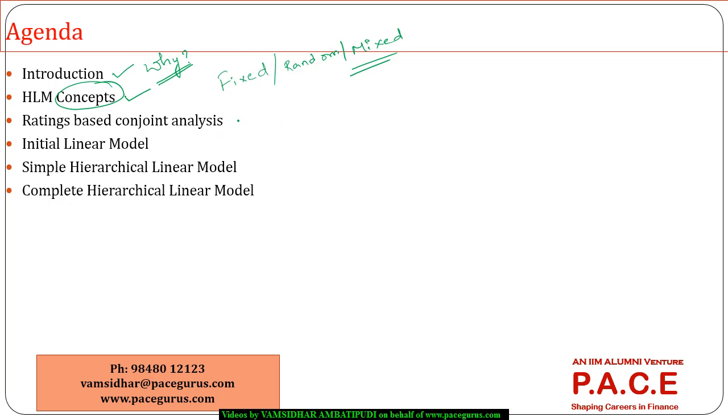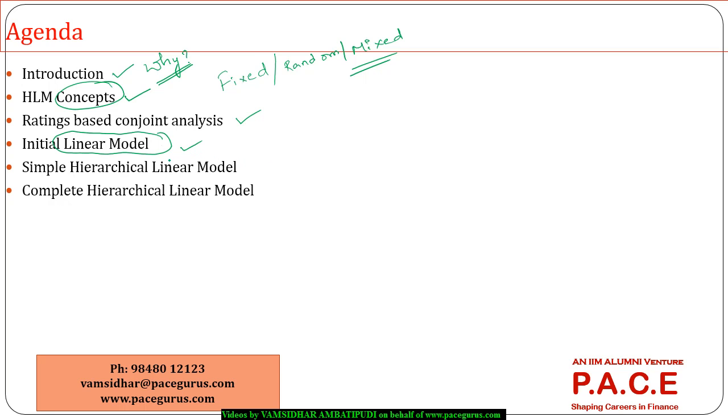Then we'll take a data set, right? Based on that, we'll try to perform conjoint analysis, which is one of the major applications of the hierarchical linear modeling. So for this data, I can typically look at if I perform the linear model, how will my output come?